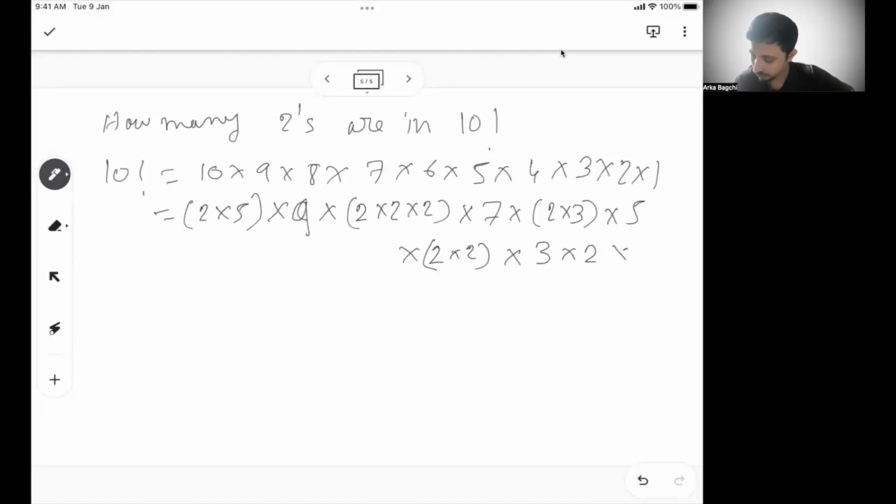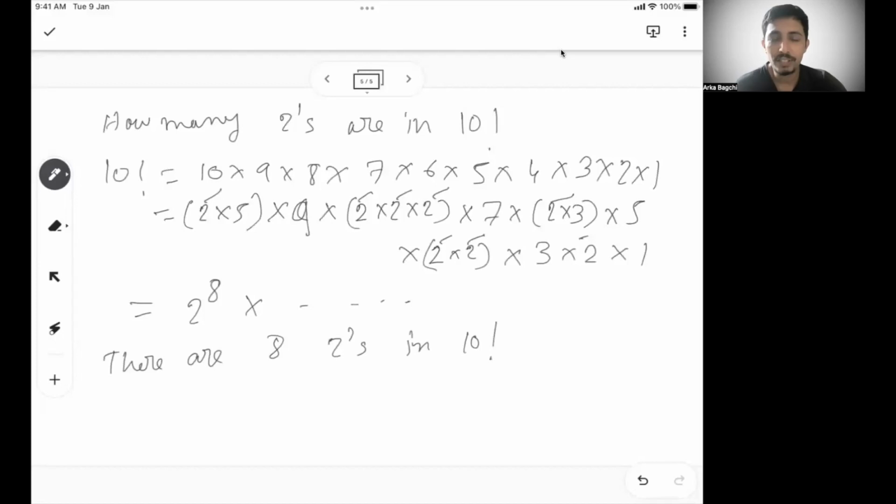Then we have 2. Then 1. So how many 2's do we have? We have 1, 2, 3, 4, 5, 6, 7, 8. So that is 2 to the power 8, and then the rest of the numbers. So there are 8 2's in 10 factorial.